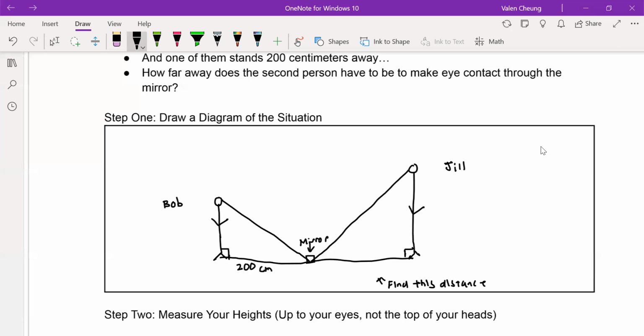So let's call that X. How far away does Jill have to stand in order to make eye contact with Bob by looking in the mirror? So let's pause this video and you go ahead and draw this diagram out and label it with your names, the distance, all the works.